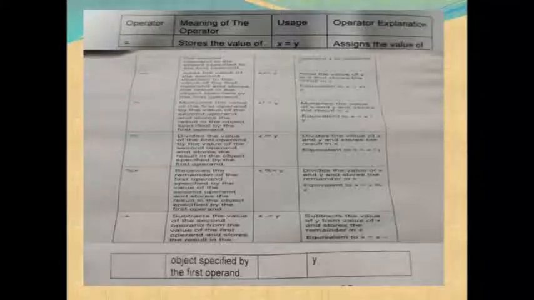It adds the value of y to x and stores the result in x. So x plus y equals to x. Similarly, the multiplication, division, and modulus operators. Modulus stores the remainder in x, and subtraction stores the subtracted value in the first operand.